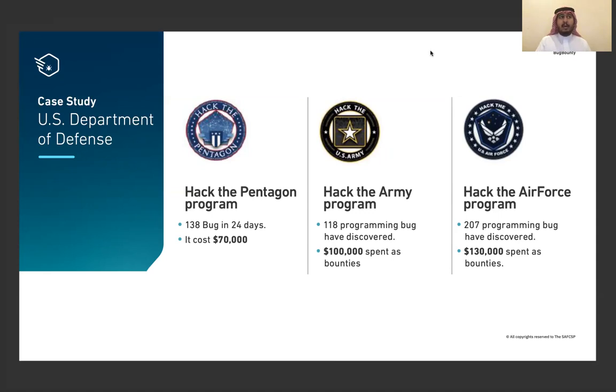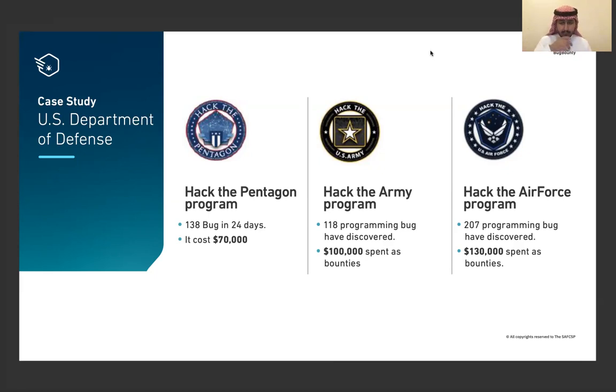In that program, the researchers found more than 100 bugs, 118 security vulnerabilities, and got rewarded around $100,000 in exchange for these vulnerabilities.